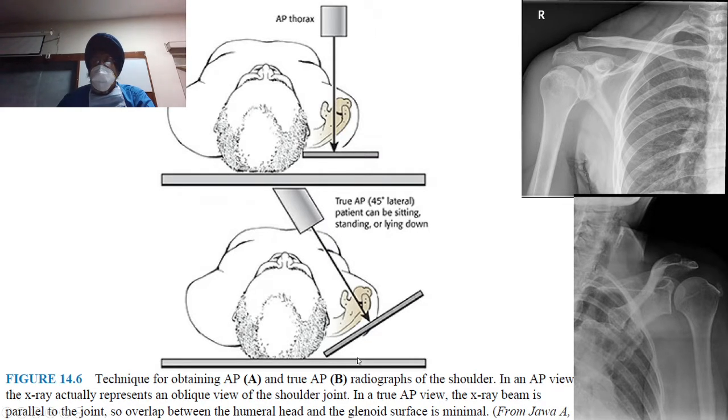So this is the true AP, and this will actually give the joint radiograph. In this, you can judge the joint space.